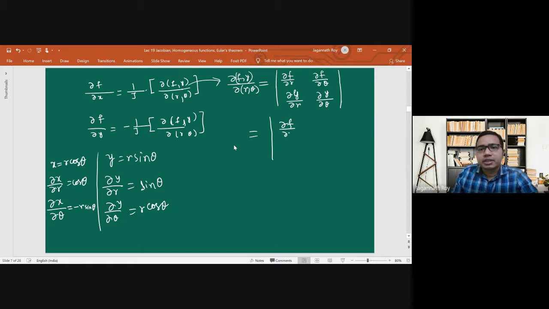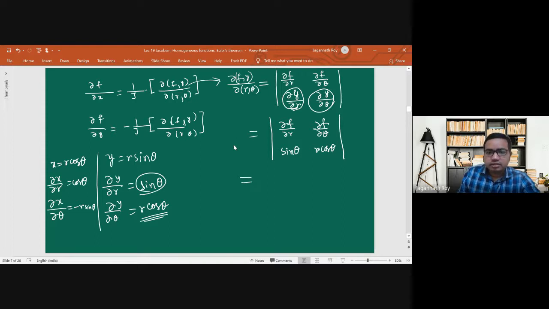Okay, let us substitute those values. So del f del r, del f del theta. In place of this, we can substitute this value, sin theta. Here, for this, we will substitute r cos theta.